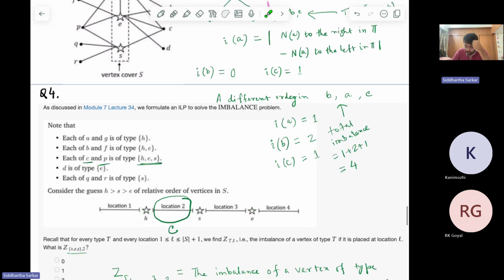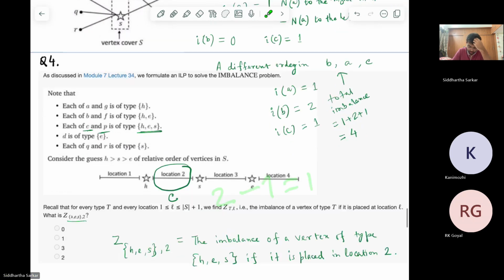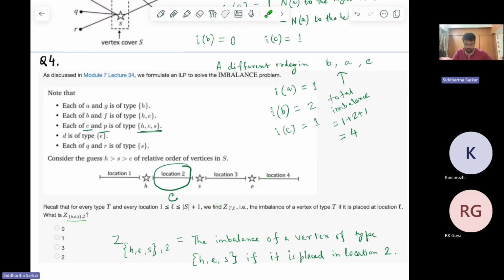So the imbalance is 2 minus 1, that is 1. The answer is 1.